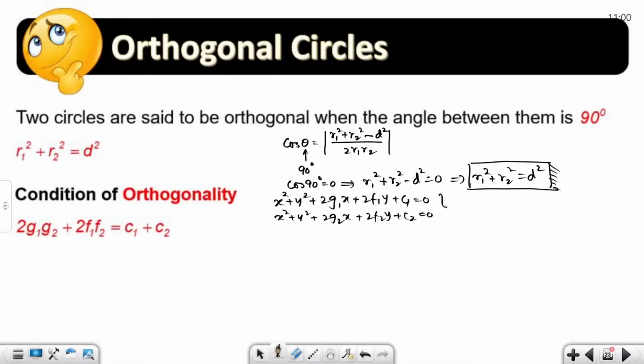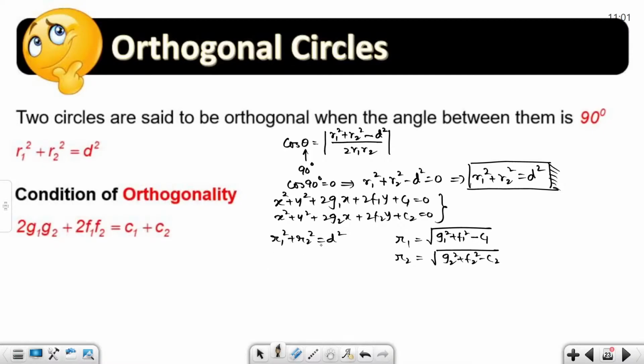Now suppose these two circles intersect each other orthogonally, then the property is R1 square plus R2 square equals D square. Now what is R1? That is the radius of the first circle, root over g1 square plus f1 square minus c1. And the radius of the second circle is root over g2 square plus f2 square minus c2.